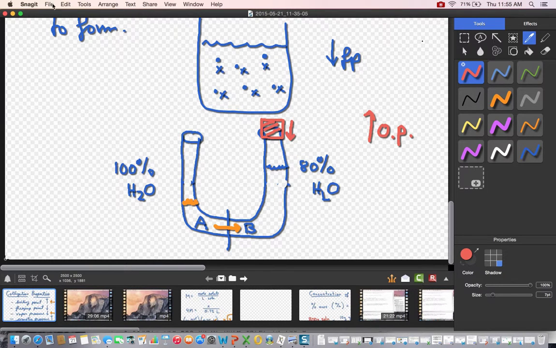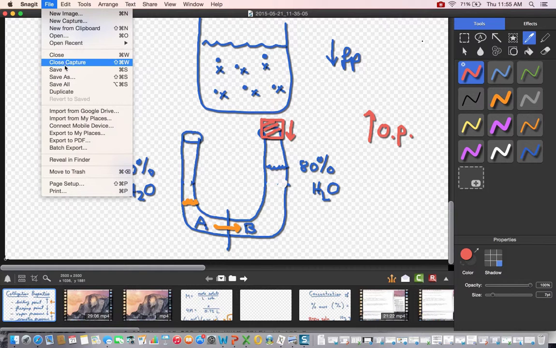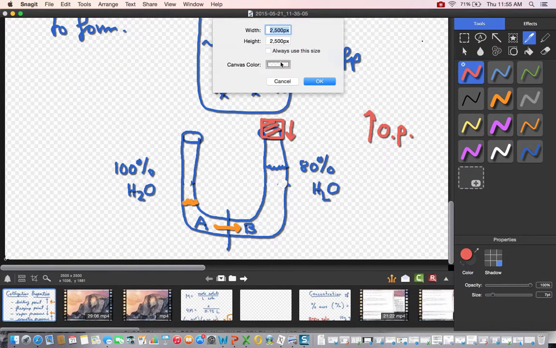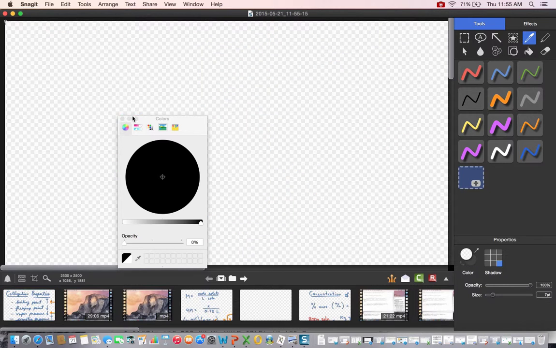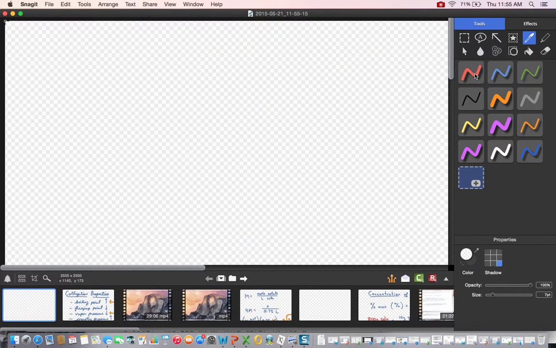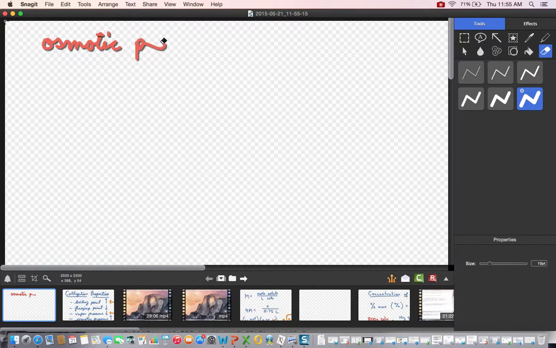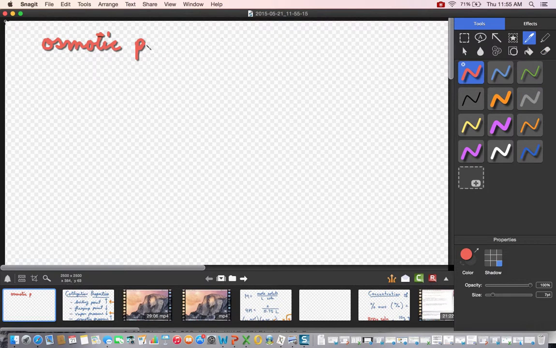Now let's talk about some mathematical functions. And I'm going to start with the most recent one, with osmotic pressure. Osmotic pressure is going to use the concentration unit of molarity. We're going to assume there's no change in temperature.